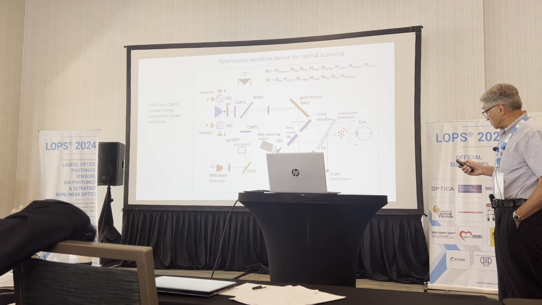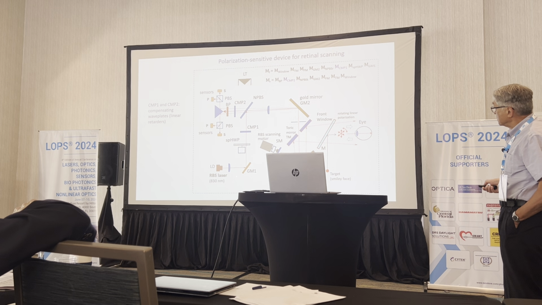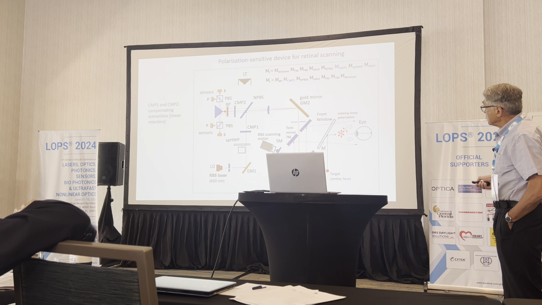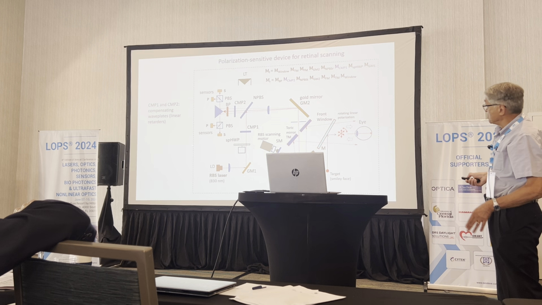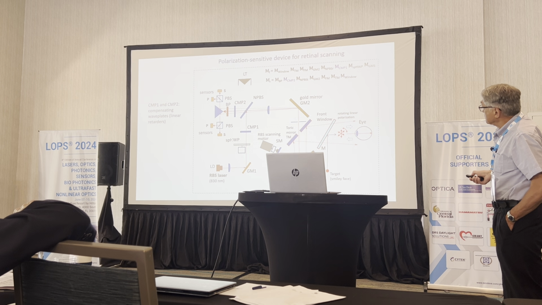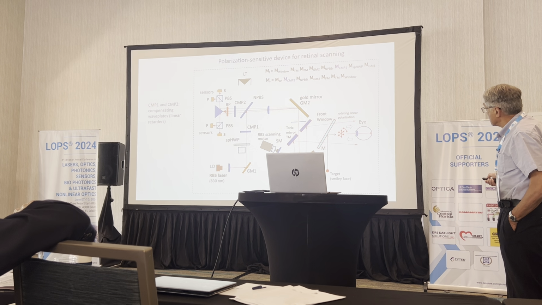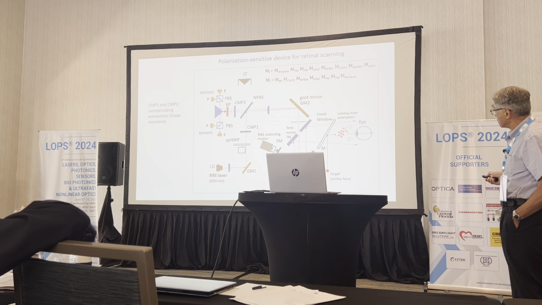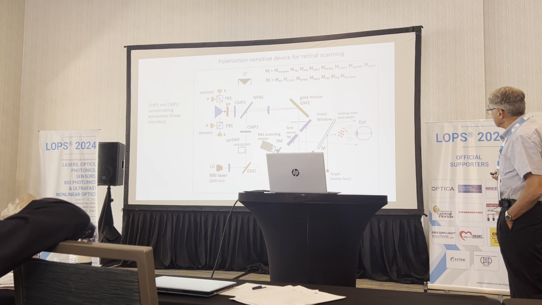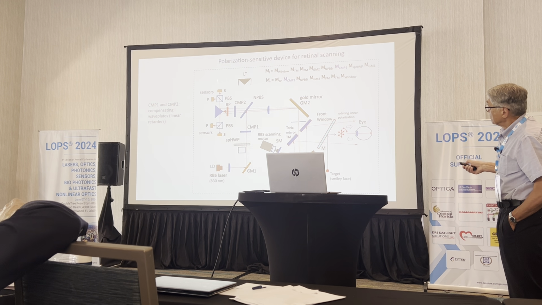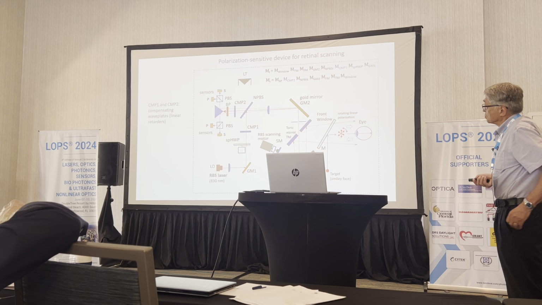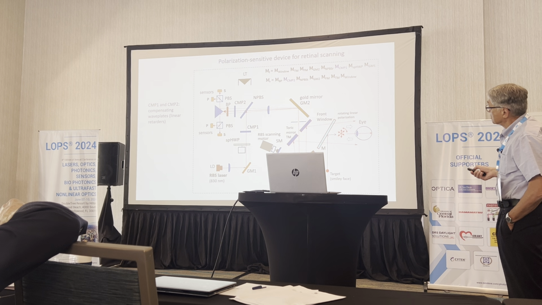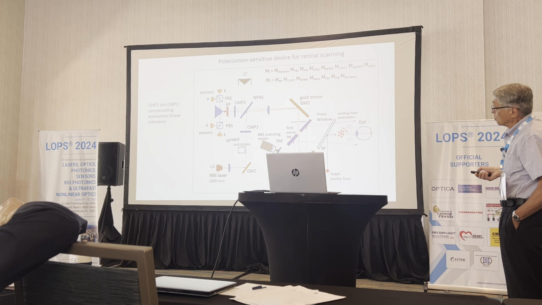This is how an instrument looks. You have the laser light, near infrared in this case. We have a spinning half-wave plate which spins the polarization plane, and then we have different optical elements. We go through a scanning motor, back here, toric mirror, go into the eye, go back, and then we're measuring S1 basically, for both eyes, left eye, right eye, and S and P polarization.